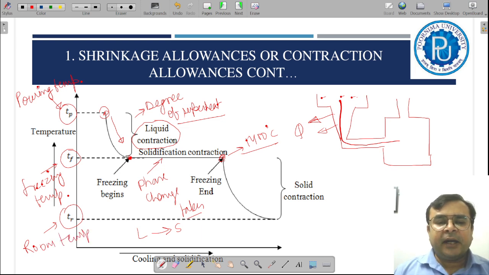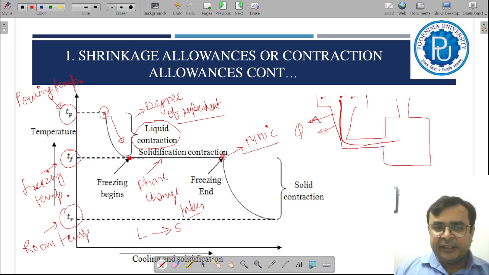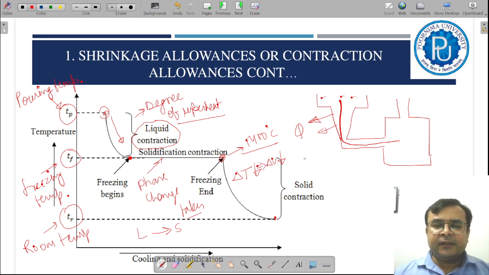So when the temperature of the casting decreases from the freezing temperature to room temperature, because of this reduction in temperature, contraction of the overall metal takes place. And this contraction is called solid contraction.